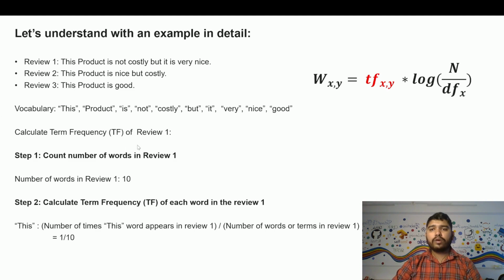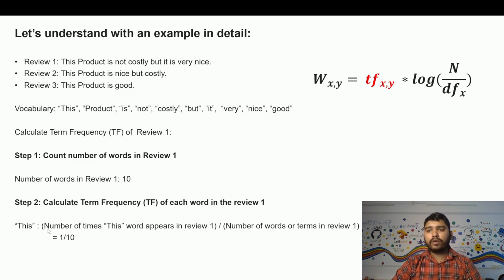Let's calculate term frequency for review 1. Step 1: count the number of words in review 1. Our review 1 is: this product is not costly but it is very nice. Here we have 10 words, or 10 terms, in review 1. Step 2: calculate the term frequency of each word in review 1. The first word is "this".